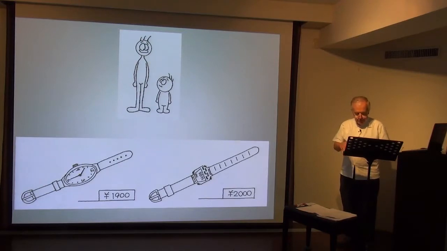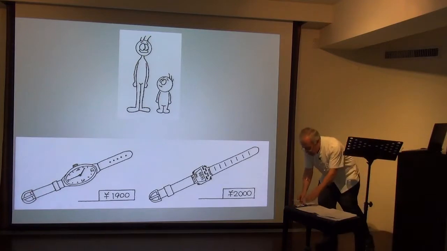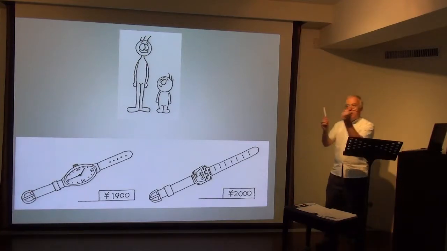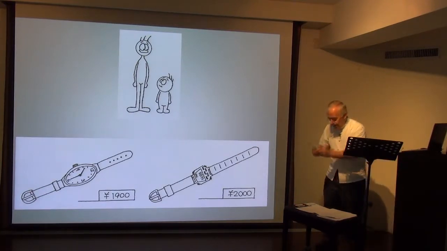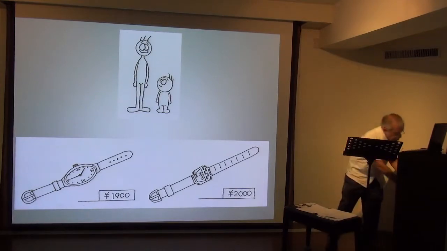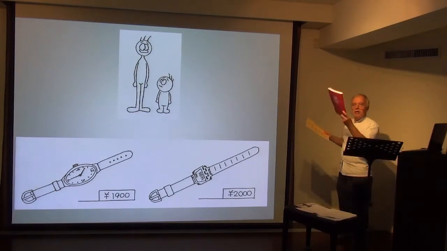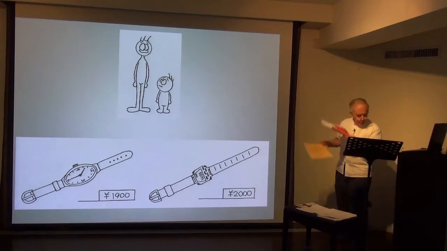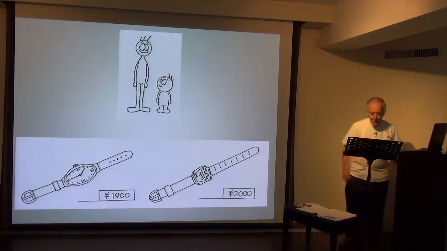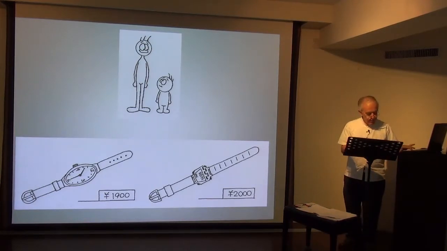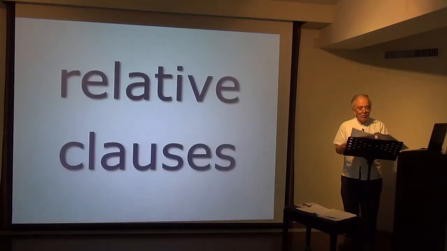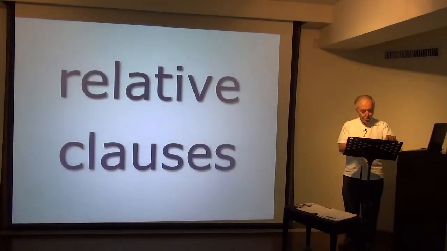Okay? So we can practice either with things in the classroom. 这支笔没有这支那么贵. Okay? 这本书没有这本书那么好. Okay? Using things in the classroom to practice. All right, let's move on now to relative clauses.